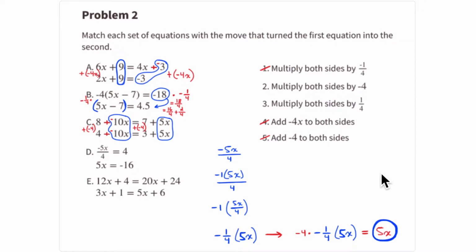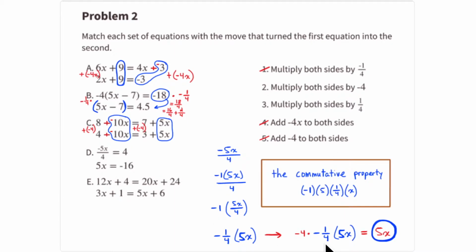And I think the best way to explain these different forms right here is that you're really using the commutative property to move these factors around. So look at this as 4 factors. Negative 1 times 5 times 1/4 times x. And these different forms are just using the commutative property to move these around.